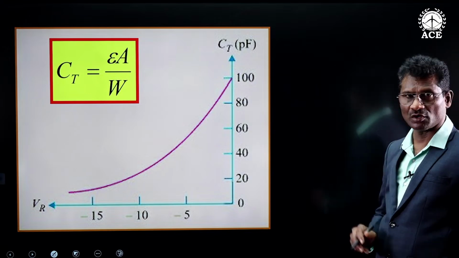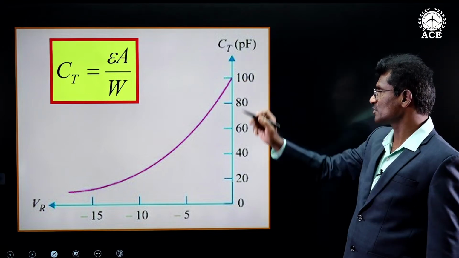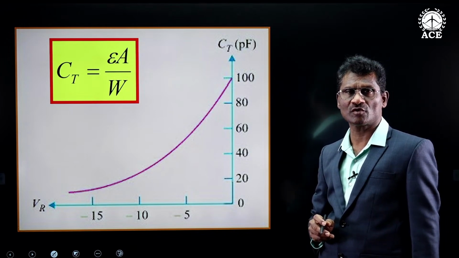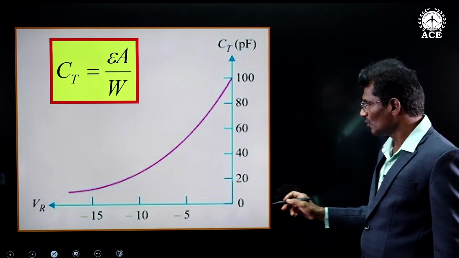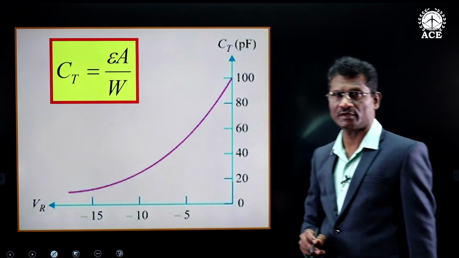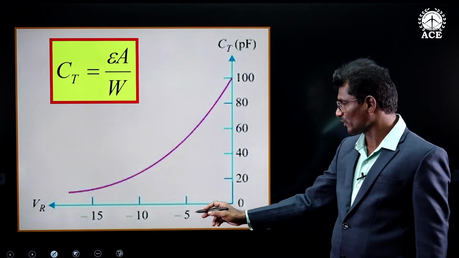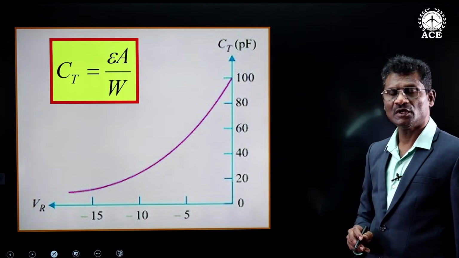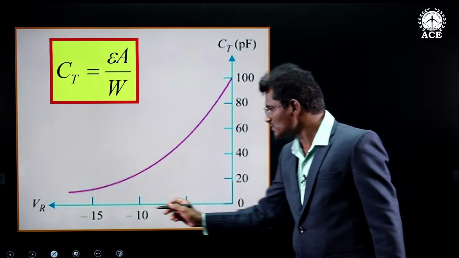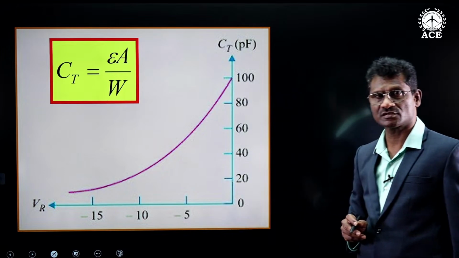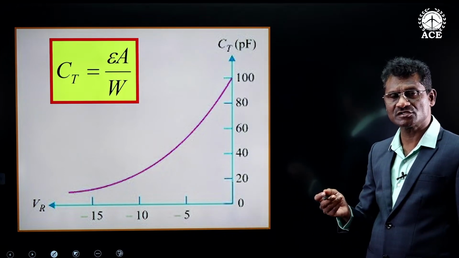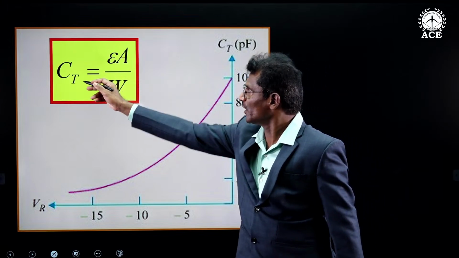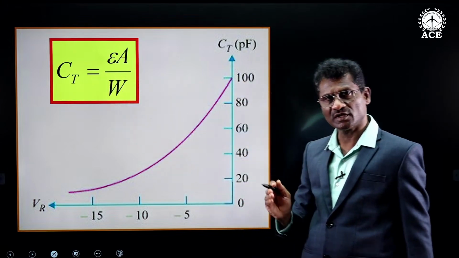This graph is drawn for transition capacitance expressed in PF, picofarads, 10 to the power of minus 12 farads versus reverse voltage. This is minus 5 volts, this is minus 10 volts, this is minus 15 volts. As we know, as reverse voltage increases, width of depletion region increases. Denominator is increasing and hence transition capacitance decreases.